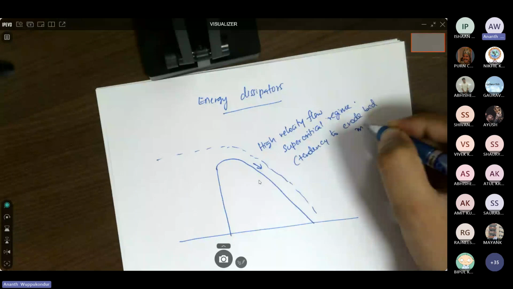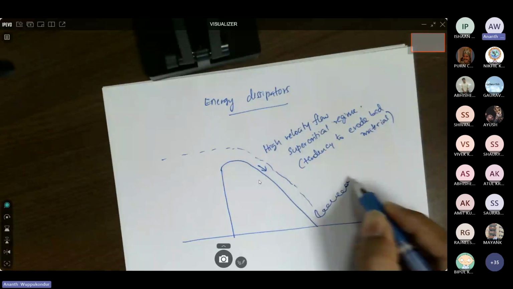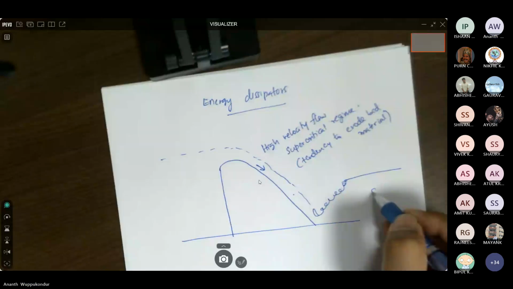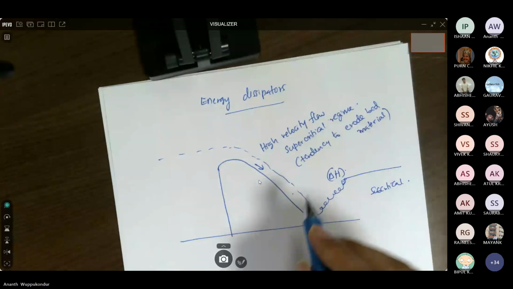So to avoid that erosion, we need to dissipate the energy, and to dissipate the energy, essentially we need to create a hydraulic jump. So hydraulic jump, what does it do? So you have supercritical flow and you have subcritical flow. Through the hydraulic jump, you lose energy. So you might remember the equation for delta H, which is a function of depths y1 and y2, conjugate depths.